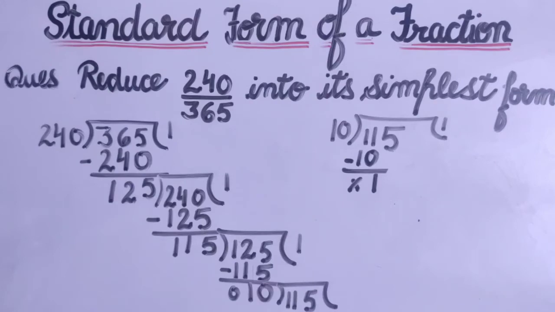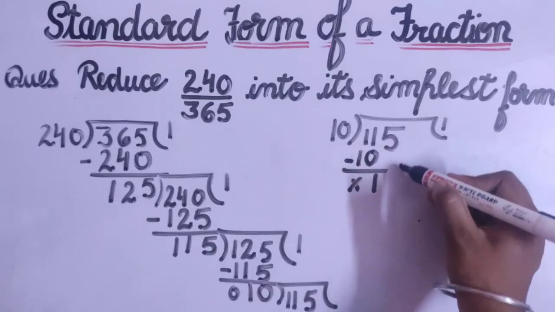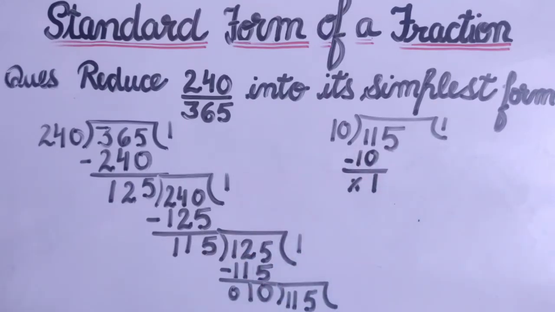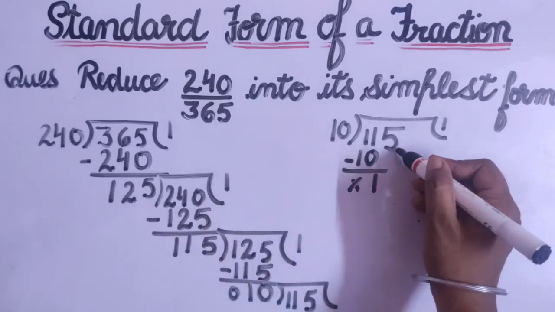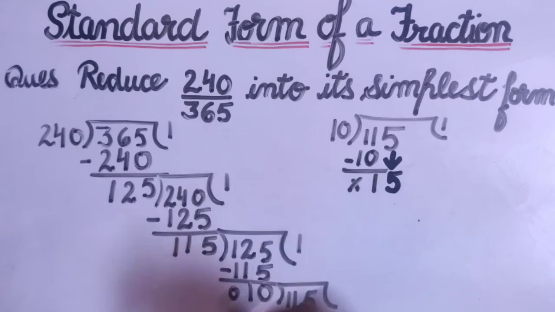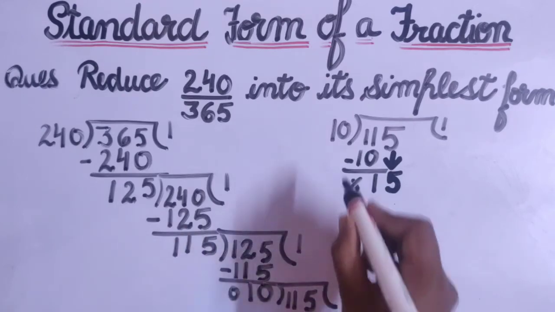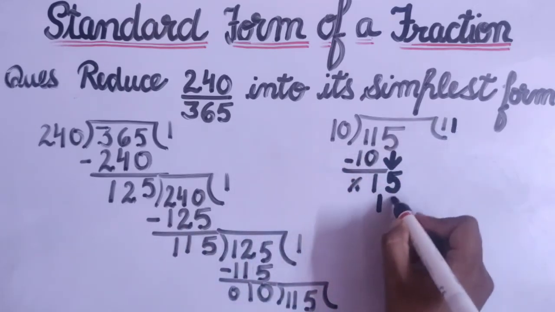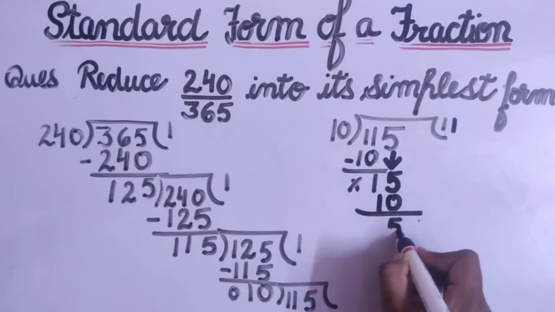You have to check when something is there to carry down, then in that case the remainder will not be the divisor. Here 5 is here to carry down. So first of all we will carry down 5. Now once again we will divide. 10 ones are 10. Now remainder is 5.